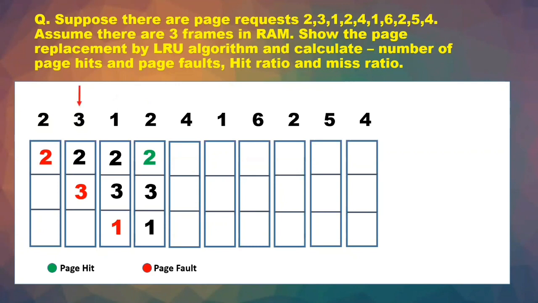So 3 is least recently used because it is used earlier. So between 2, 3 and 1, 3 is least recently used. So we have to replace 3 by the requested page 4. So 4 is not present inside the RAM, so that is obviously a page fault, and 3 is replaced by 4.